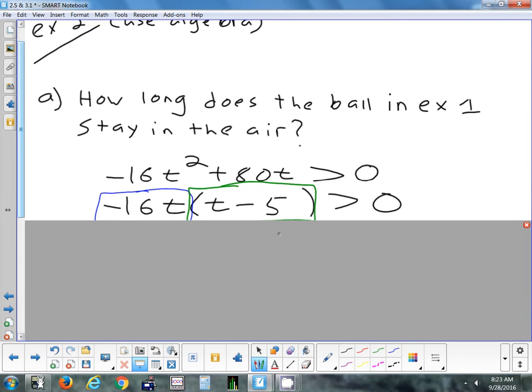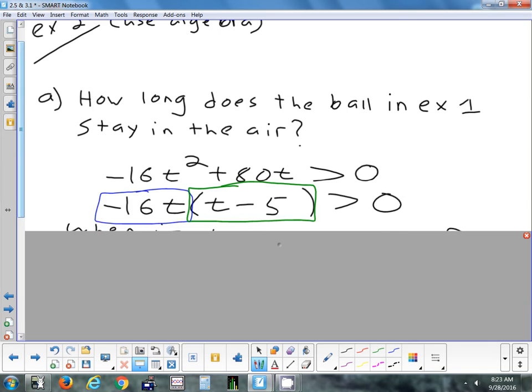How come this is always going to be negative? Yeah? Because it's a negative number and time can't be negative, so if you multiplied it, it would never be a positive number. Right, you're always going to have a positive times a negative, which is always going to be a negative. So now we know this box in blue is always negative. So now this box in green, what sign does it have to be so that we get something greater than 0?